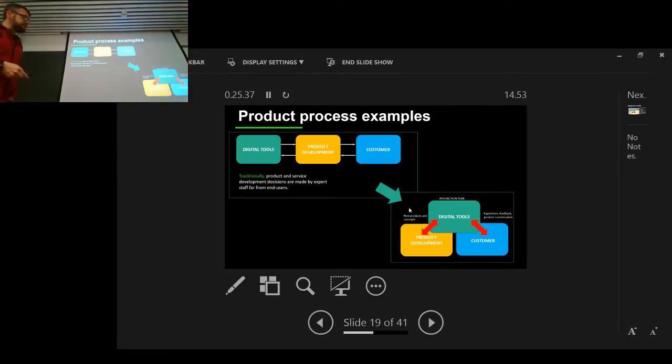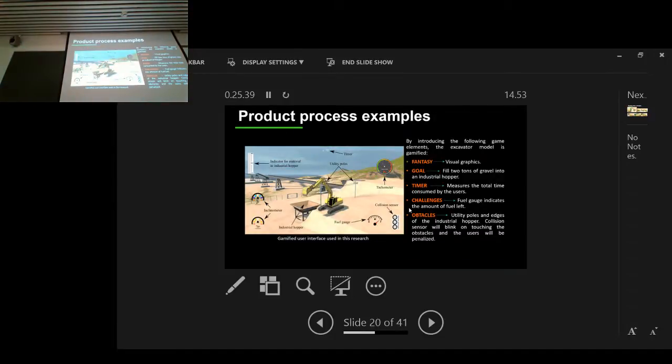And this is what we call gamification. So here's an example of gamification. This, by the way, was available in SimStudio. I don't think it is available any longer. But this was a simple game about the excavator. So these are the gamification aspects. There is visual graphics.